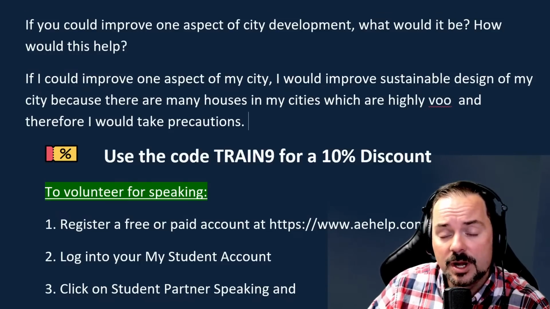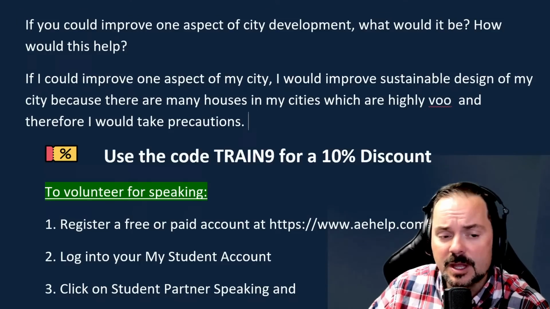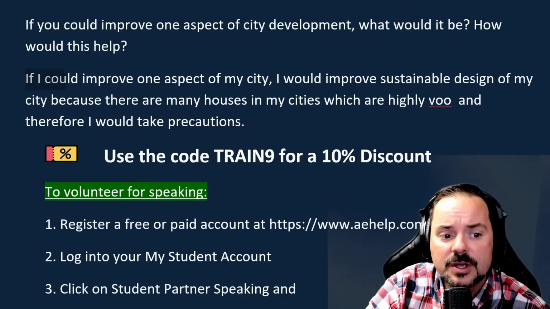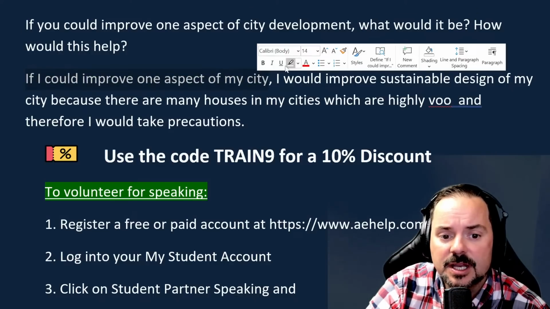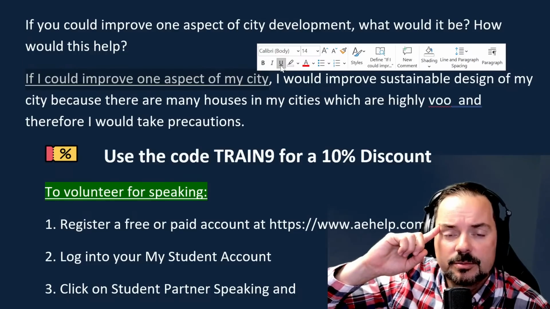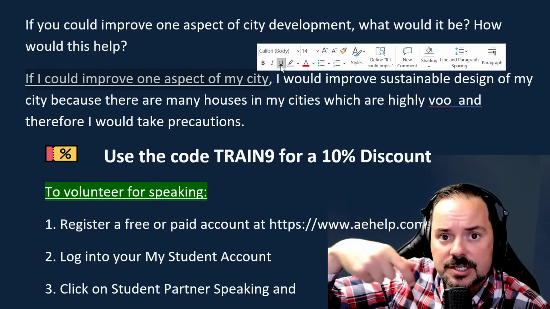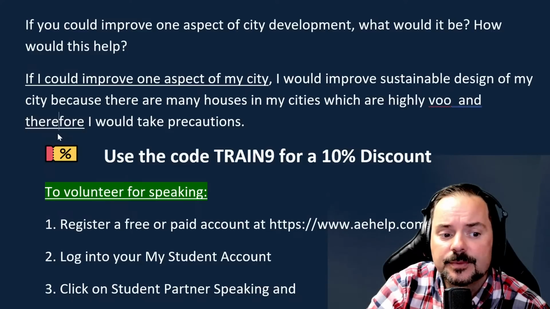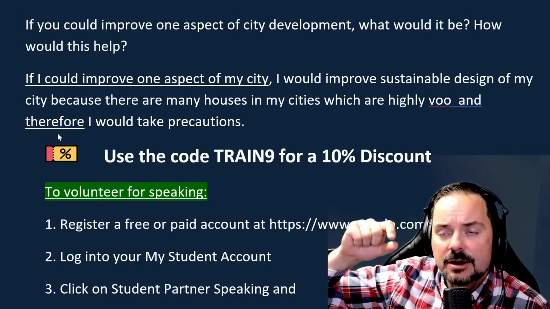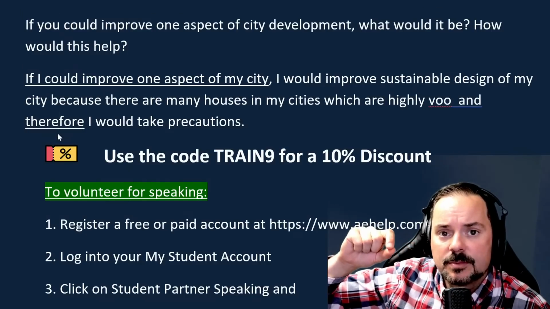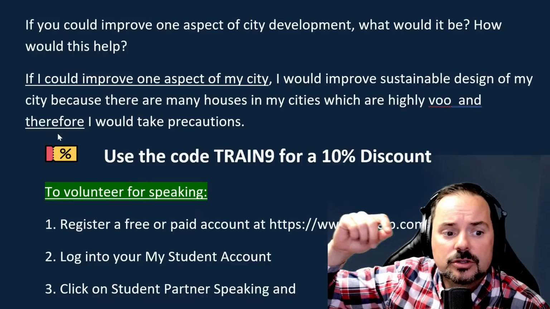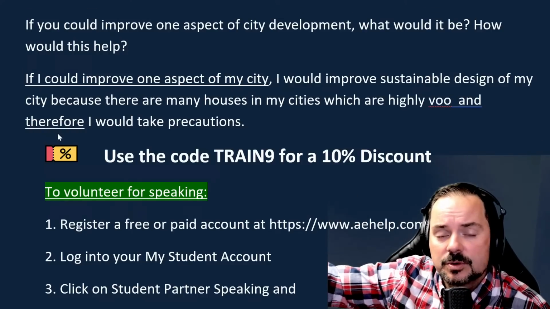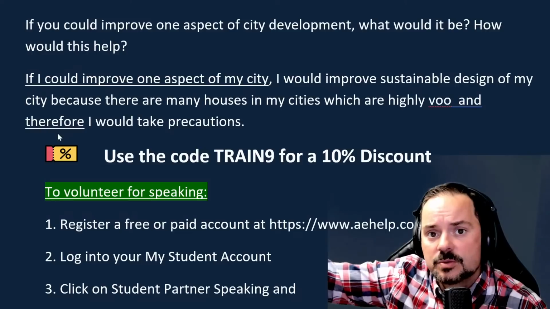Okay. One other interesting benefit, I'm not sure if everybody caught this, but when you use the "if I could improve one aspect of my city," that also forced your brain to think about better connections later in your speech, and you use the word "therefore." Did you notice that? Yes. The "therefore" in some ways is linking to the "if I could." So if I could do this, this would result, therefore this would happen.